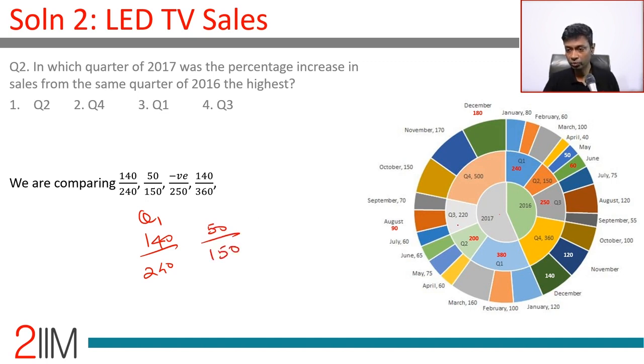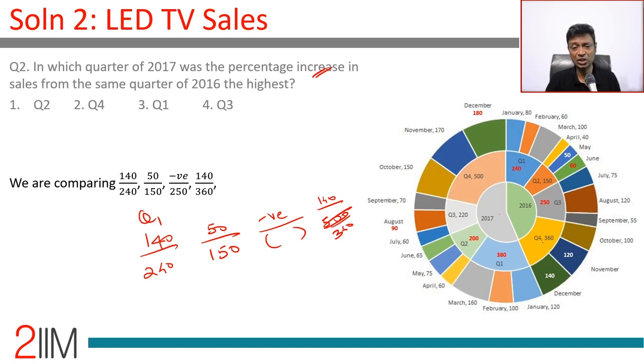Q3 to Q3, Q3 is 220 in 2017, it was 250 in 2016. So it's a negative. We're thinking about percentage increase, not percentage change. It's a negative number. We don't even have to worry about it. Q4 to Q4, from 360 to 500, a change of 140 divided by 360. Change by initial.